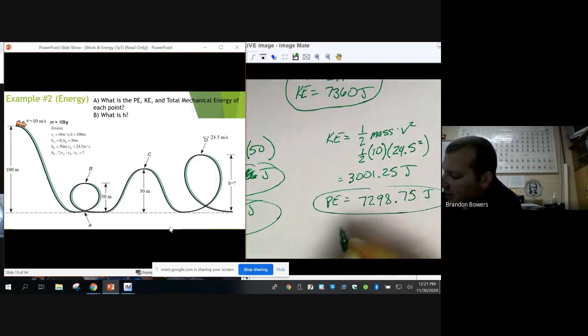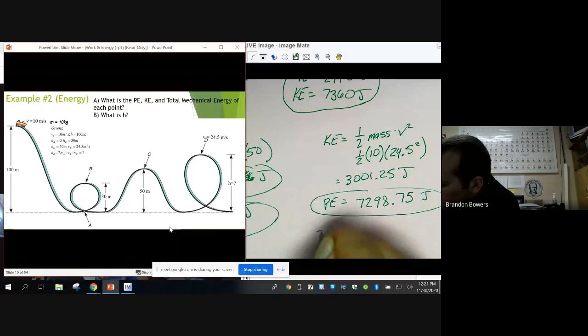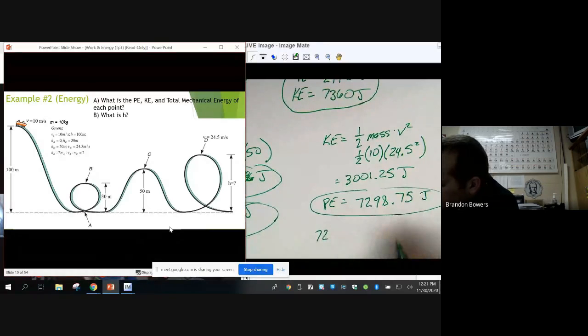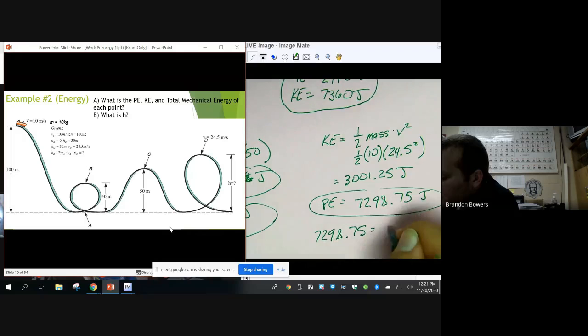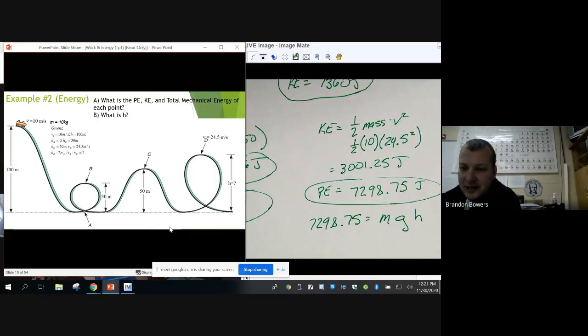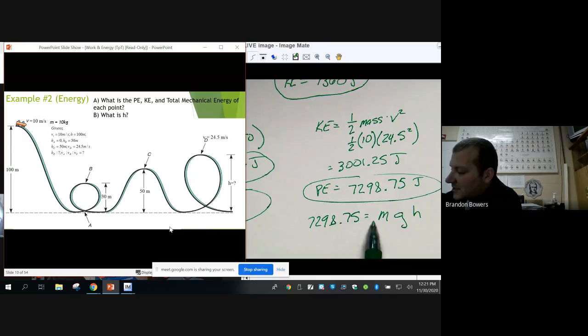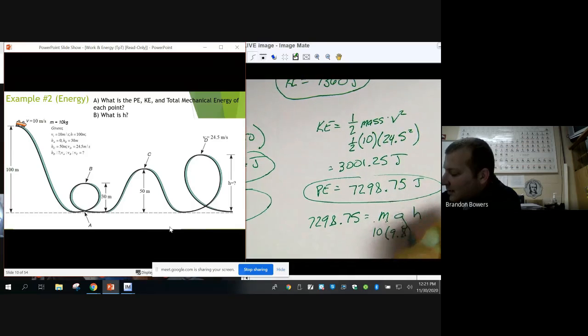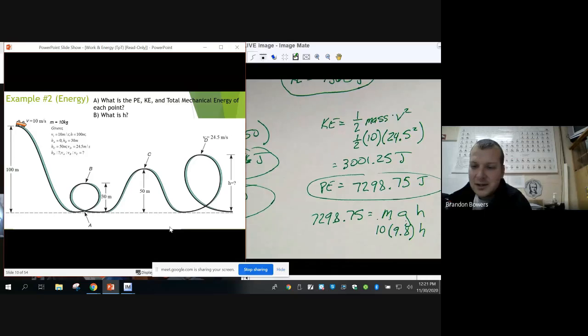So potential energy, 7,298.75, is equal to mass times gravity times height, right? Well, I know mass is 10, gravity is 9.8. What is H? That's the goal. What is H here?